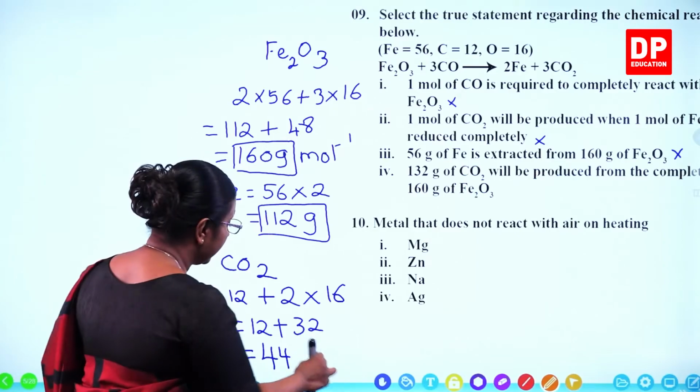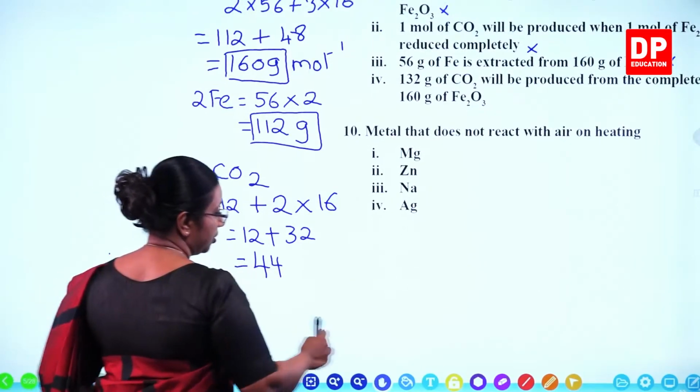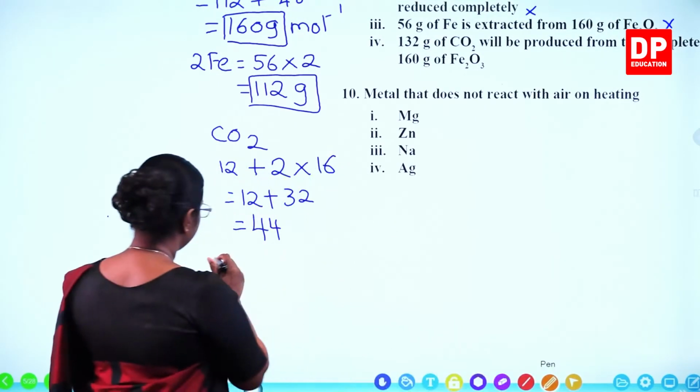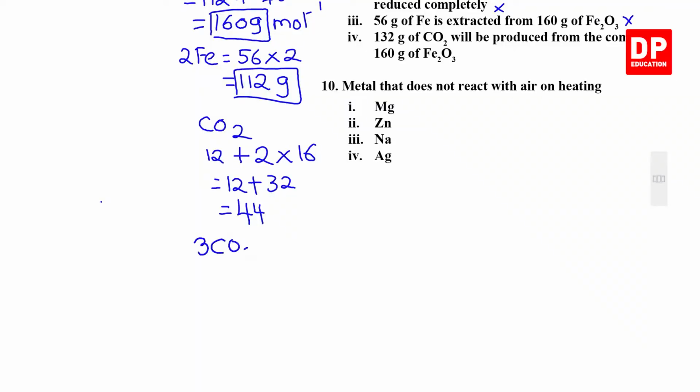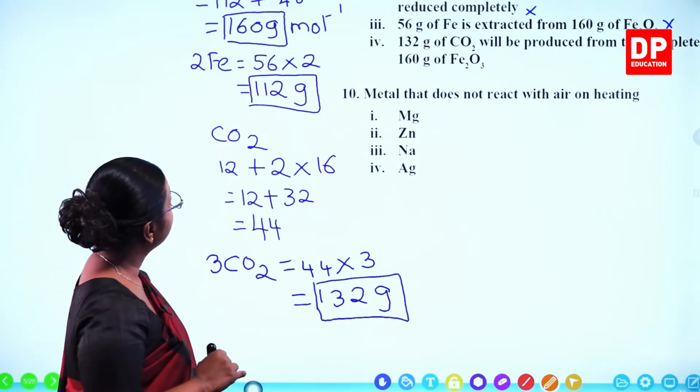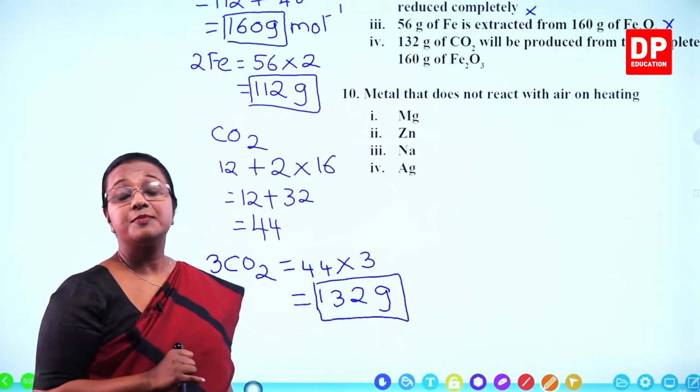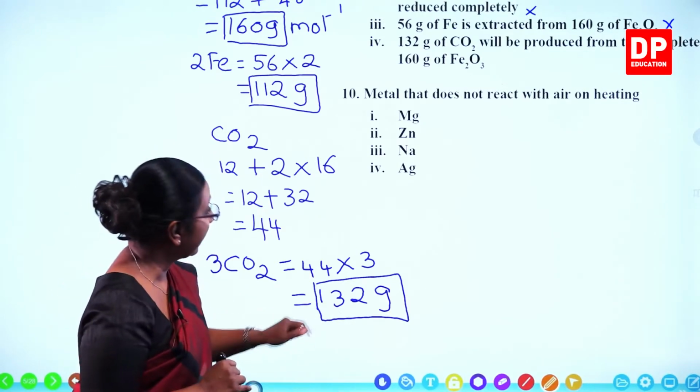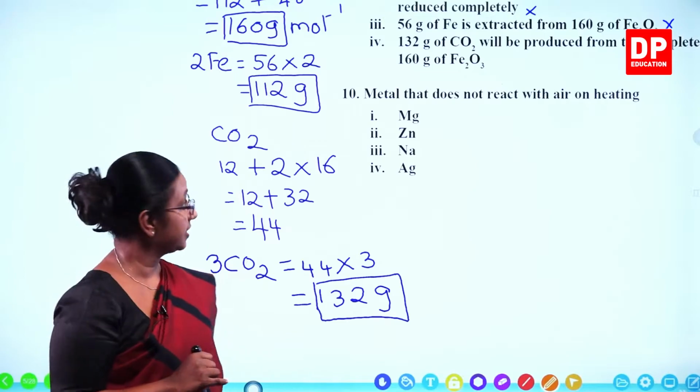There are 3 carbon dioxide produced. So for 3 moles of carbon dioxide, we need to multiply 44 into 3. So that is going to be 132 grams. So obviously from 160 grams of Fe2O3, we will get 132 grams of CO2.